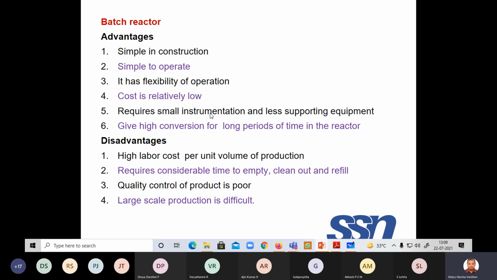That does not mean that a batch reactor will never be used. Batch reactors are useful, especially for liquid phase reactions, and a lot of pharmaceutical companies use batch reactors because every drug we use is prepared in a batch process, not as a continuous process. For that, you can see the tablet at the back.